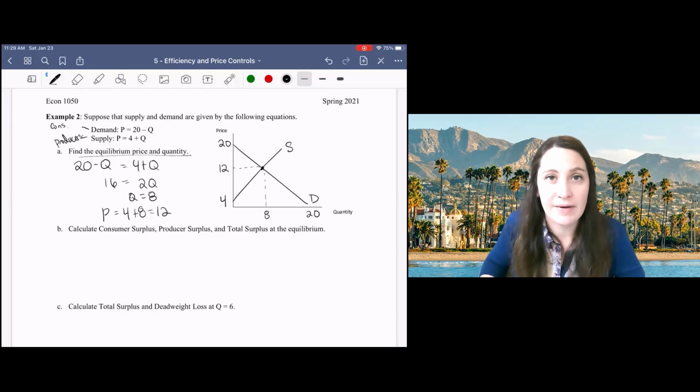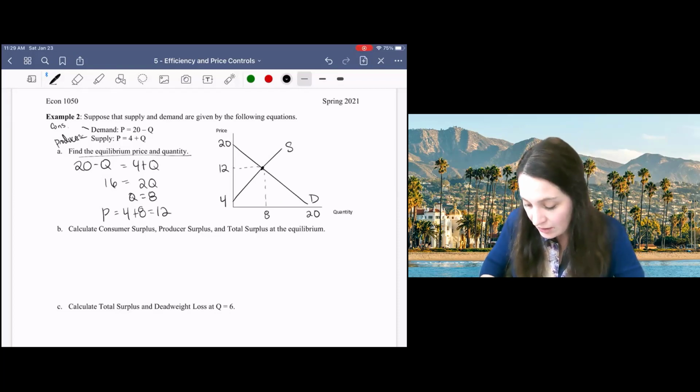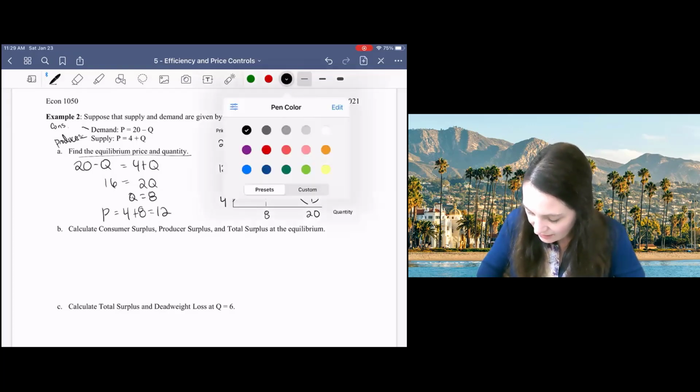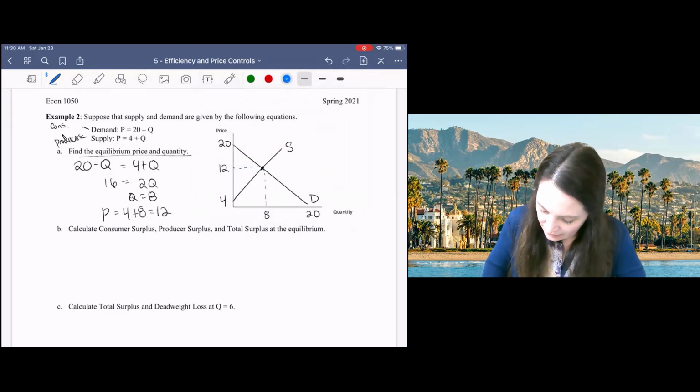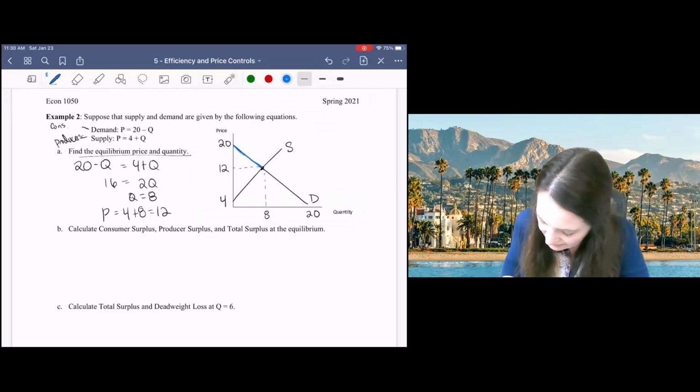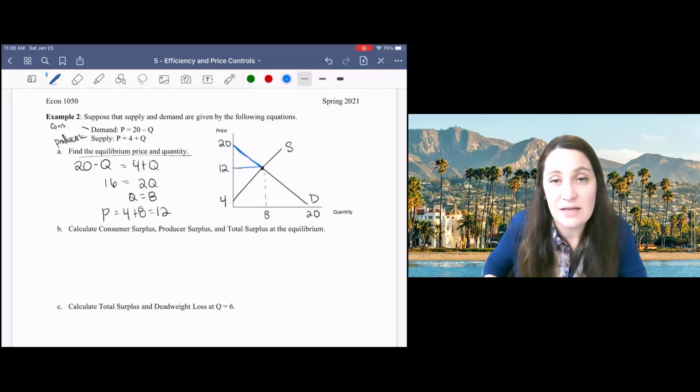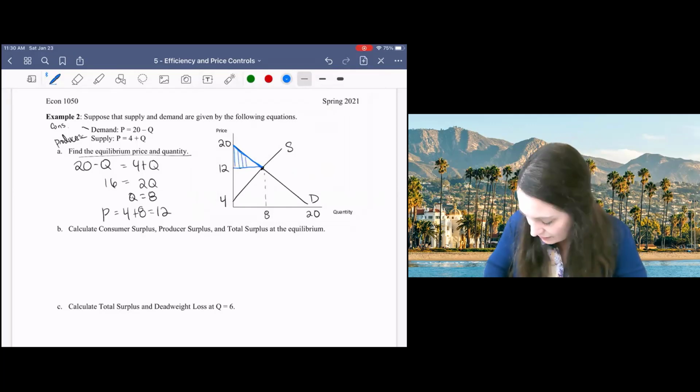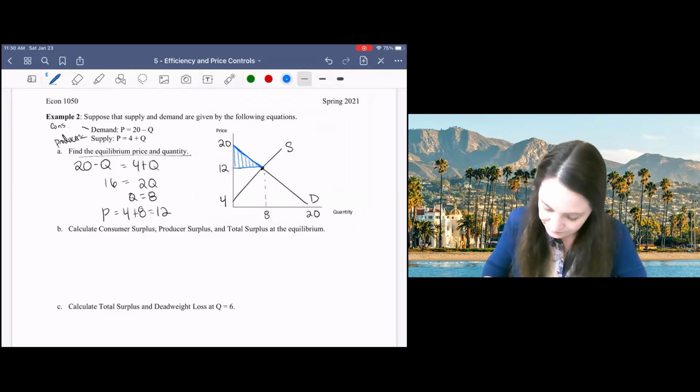Now, how do we think about calculating surplus in this example? Remember that consumer surplus was the area, the difference between the consumer's reservation price and the price that's actually paid, summed up over all of the units that are sold.